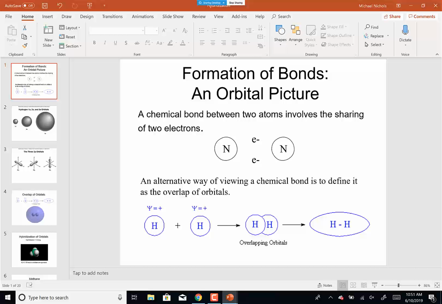And what happens is the positive nucleus is attracted simultaneously to both of the electrons when we form a bond, and that's what the sharing term means. So those valence electrons are simultaneously attracted to those 2 nuclei. That's even more detail about what a chemical bond is.